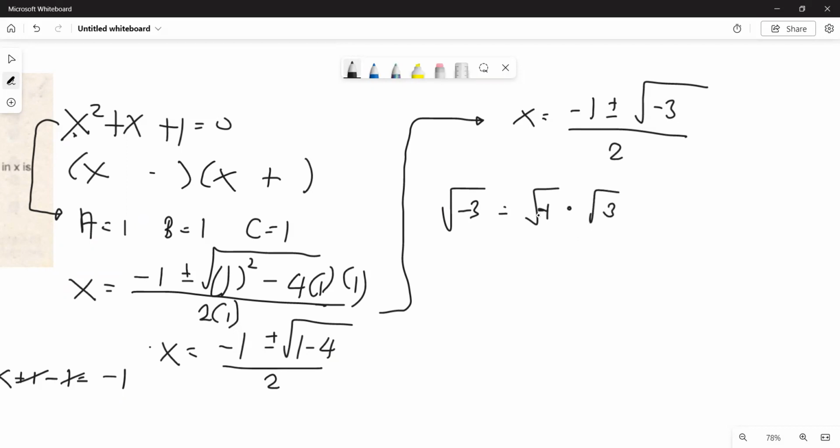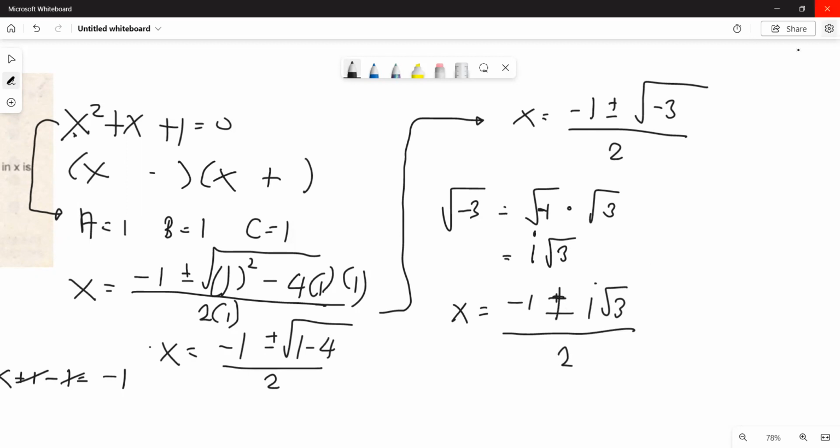The square root of -1 is imaginary, i, and then you have the square root of 3. So you write x is -1 plus or minus i square root of 3, all over 2. So this is the answer.